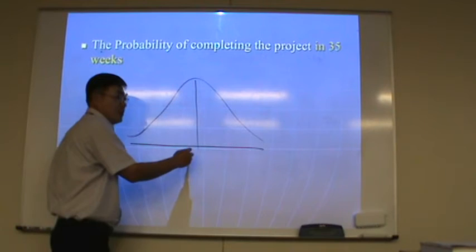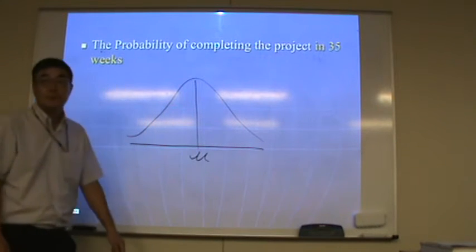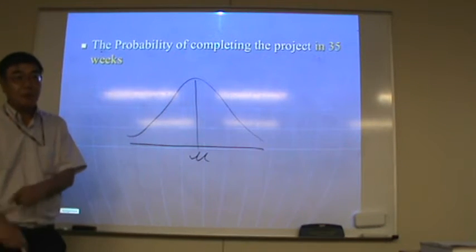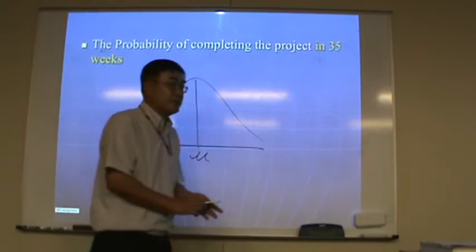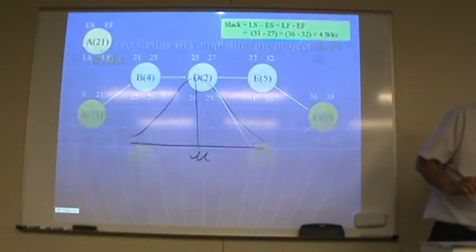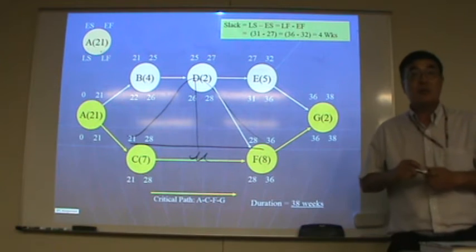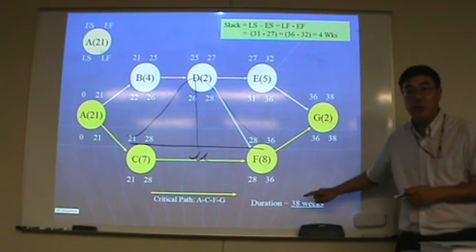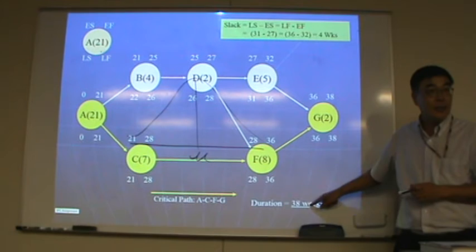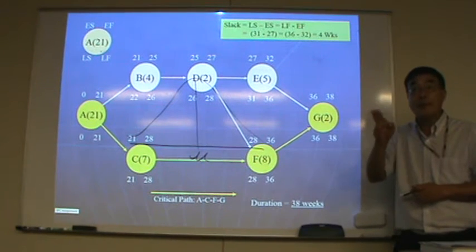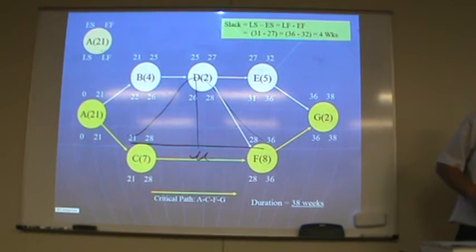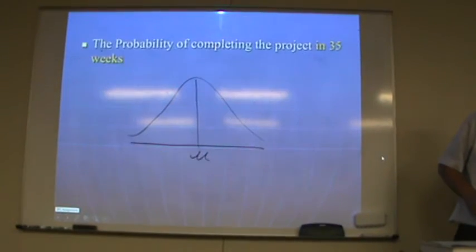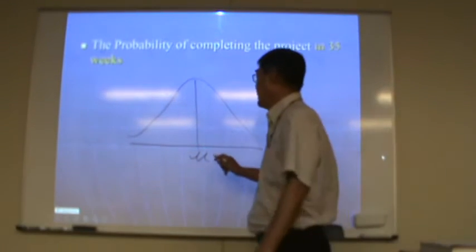And this one is mu, the average, the mean. We used expected time and found this 38, which is kind of a weighted average. So 38 here.